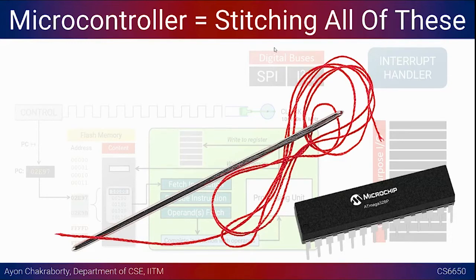And what is a microprocessor, by the way? Any difference with this? Anybody? A microcontroller has peripherals along with the microprocessor. So what is missing in a microprocessor?